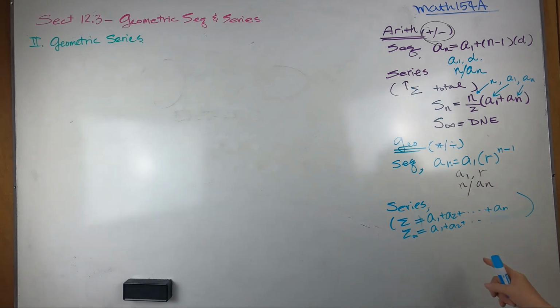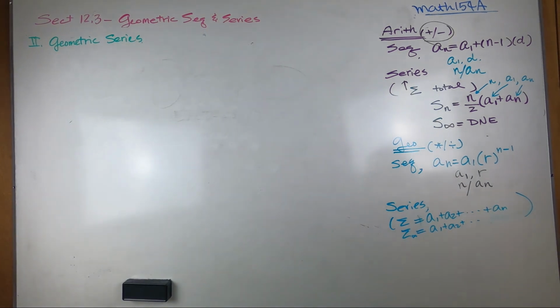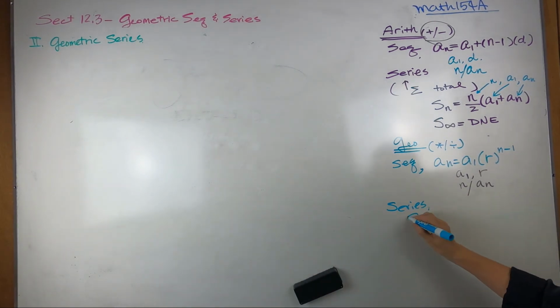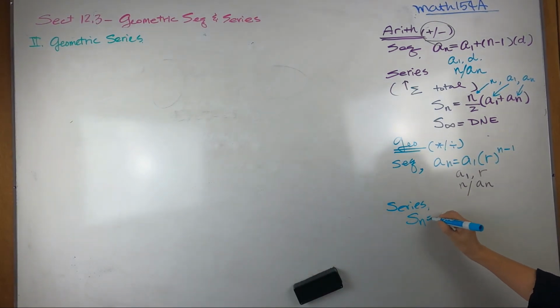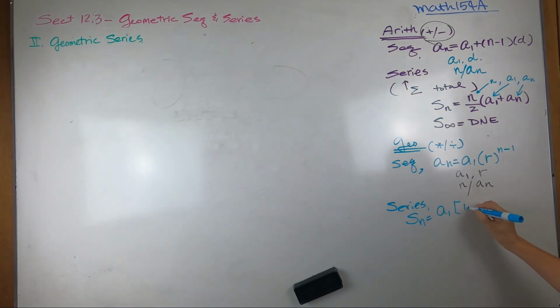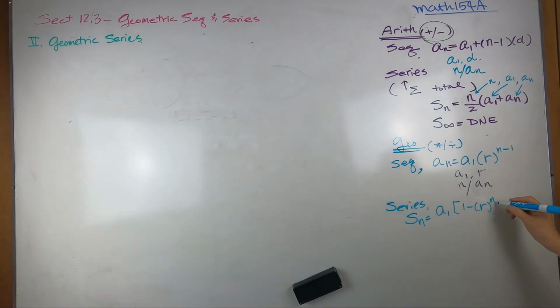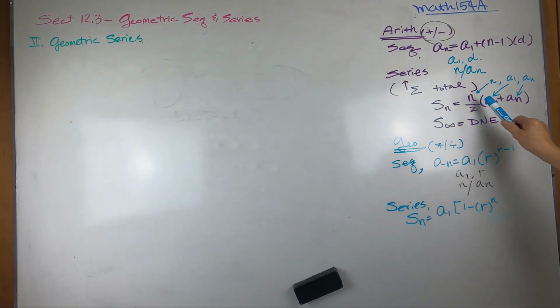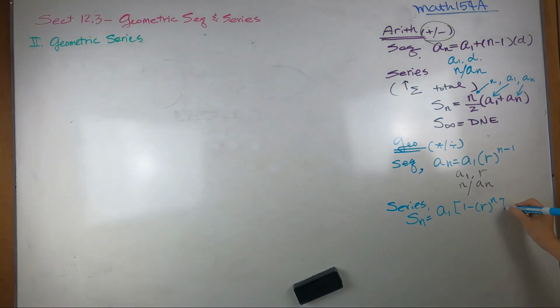Okay? The formula is this. If it's a finite series, so for the finite one, let's just write it out. So if it's up to the n, right? The formula is this: A1 times 1 minus r to the n power. It's not n minus 1, okay? So for the sum, you always count to the n, okay?